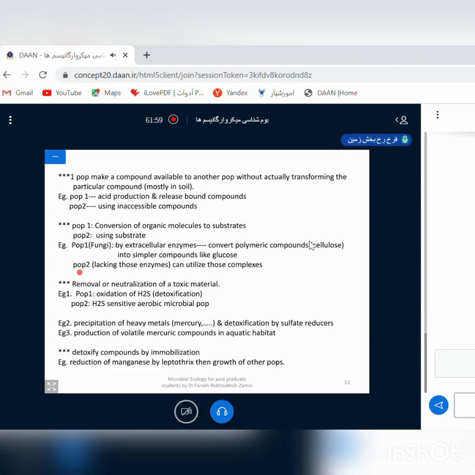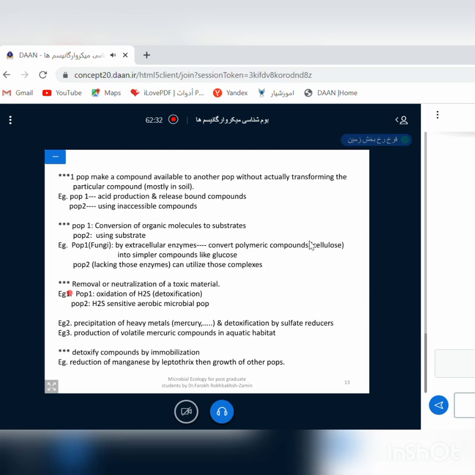But population 2 is very happy of the presence of population 1 because population 2 lacks cellulase. But now, in the neighborhood of fungi, it can utilize those compounds because cellulose is changed to glucose and they don't have a problem with glucose.